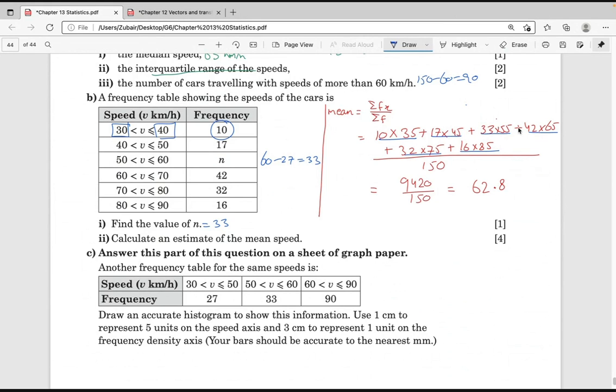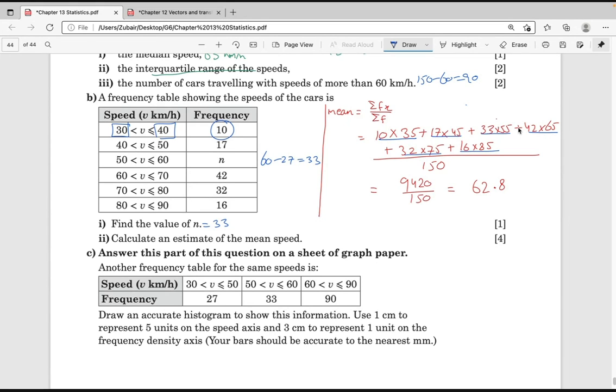So it's 1685. Yes, I got it now. Very good. 62.8. Good. Part C says answer this part of the question on a sheet of graph paper.